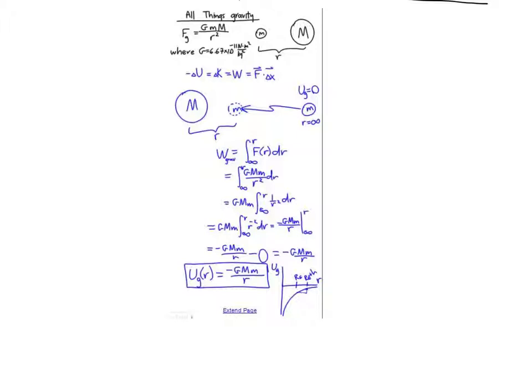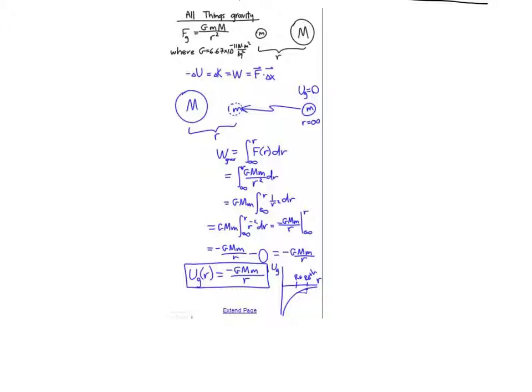When you substitute in the gravitational force law for the F of r and apply the limits of integration from infinity to a distance r away, and follow through with the integral, then you get a result for the gravitational potential energy, which is equal to minus G times the mass times the other mass divided by r.